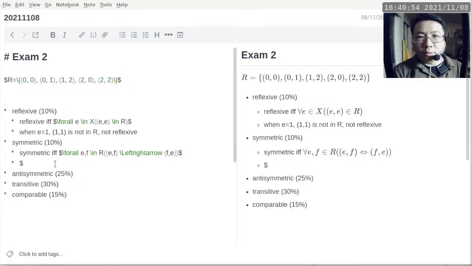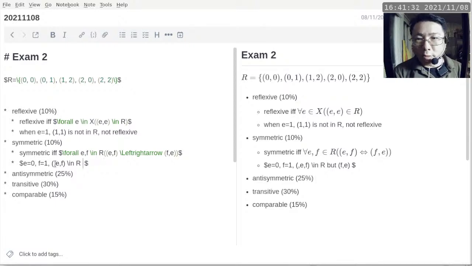So you can now say, E equals 0, F equals 1, and in this case, E comma F is indeed in R, but FE is not in R. I'm going to have to break it up. I'm just trying to think of how I'm going to write this.